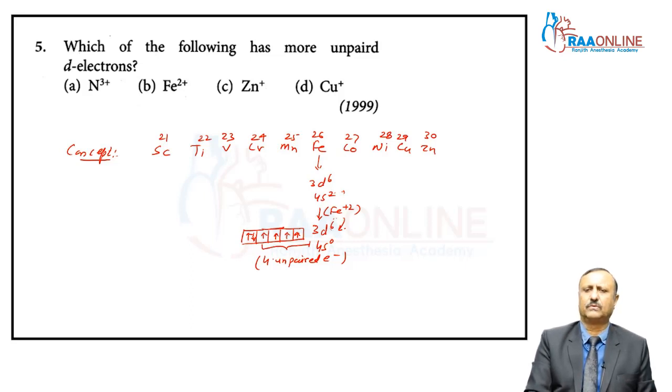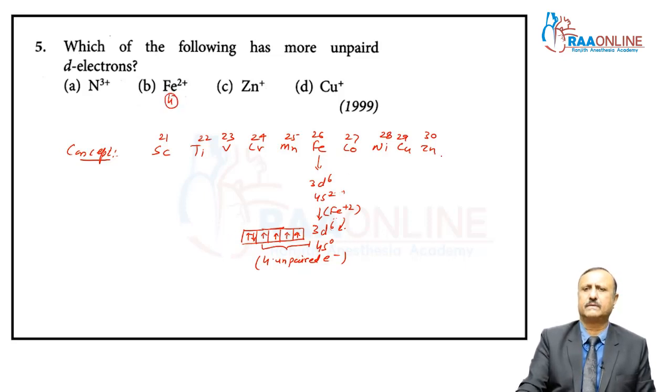The d subshell is divided into 5 orbitals, so electrons are filled according to Hund's rule. One electron is filled in each d orbital, 1, 2, 3, 4, 5, then pairing starts. So my dear students, you can see 4 unpaired electrons are present in this Fe plus 2.